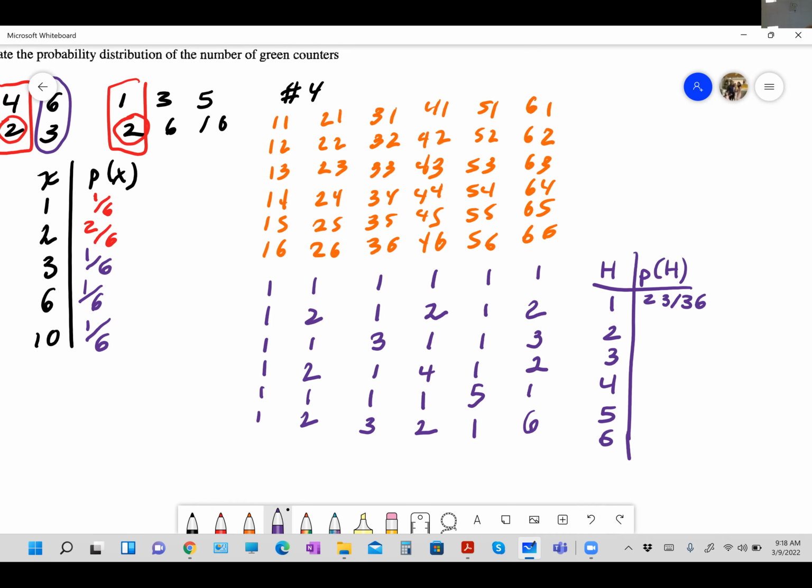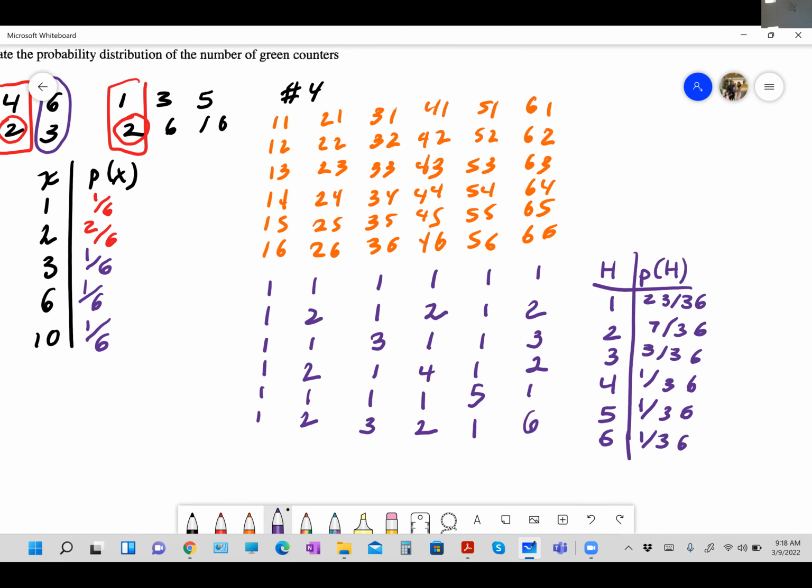How many 2s do we have? 1, 2, 3, 4, 5, 6, 7. 7 out of 36. 3 out of 36. Just 1 for 4, 1 for 5, and 1 for 6.